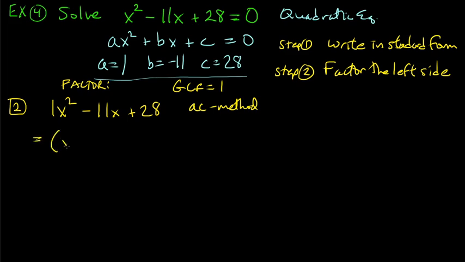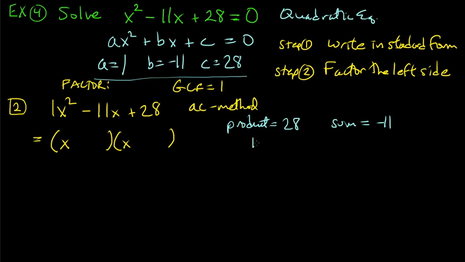The shortcut is just to find two numbers whose product is 28 and whose sum is negative 11. I know you've done this many times already, and in fact, at this point, the answer might be obvious to you. At least I hope it is. But if not, let's go through it carefully one more time. So what two numbers have a product of 28?